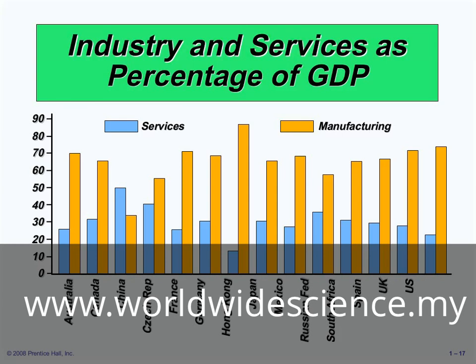On the left are Australia, Canada, China. The blue one is services and the yellow one is manufacturing. In China, service companies make up the high percentage of the GDP. In Hong Kong, manufacturing makes up much more of the GDP than services.